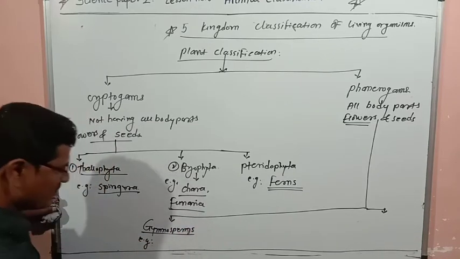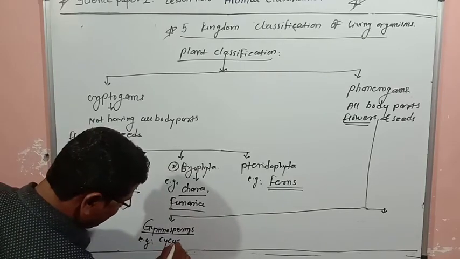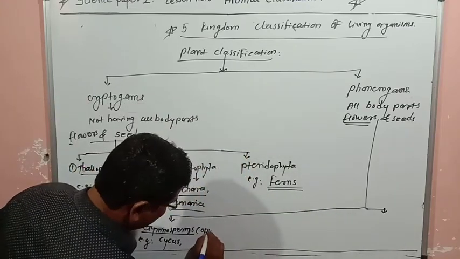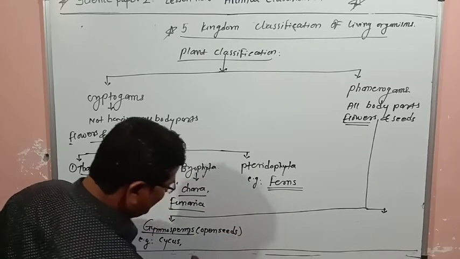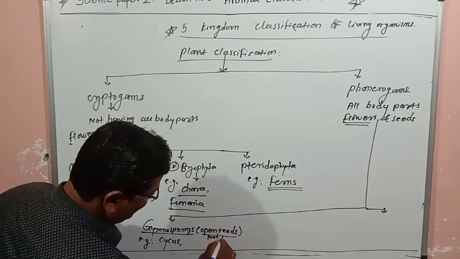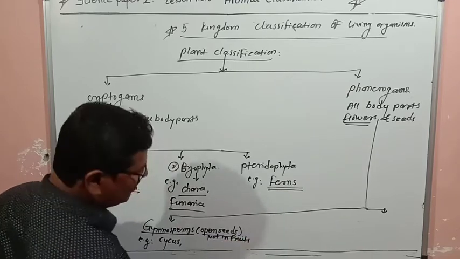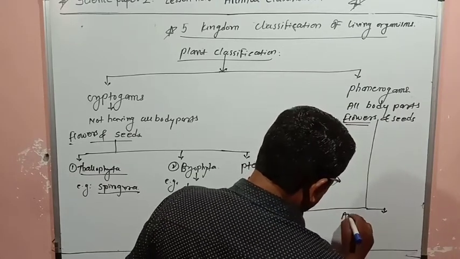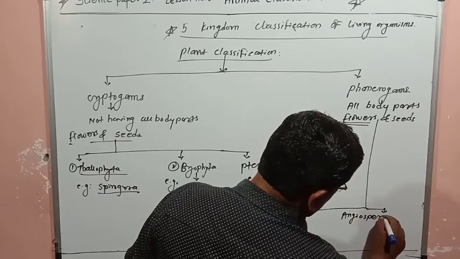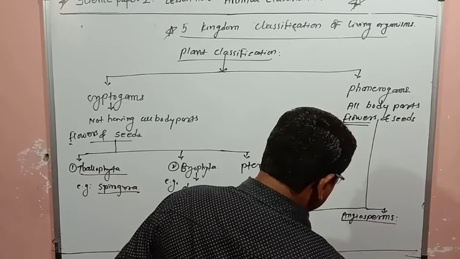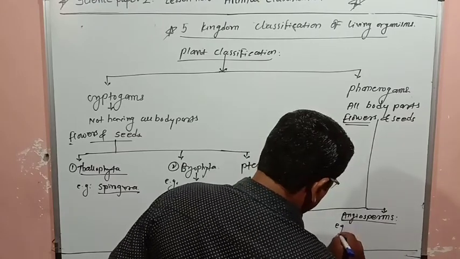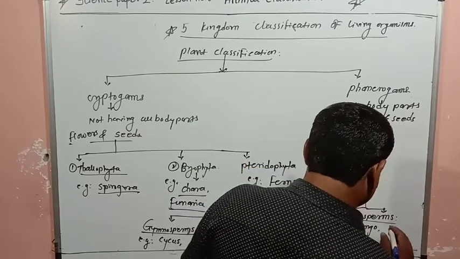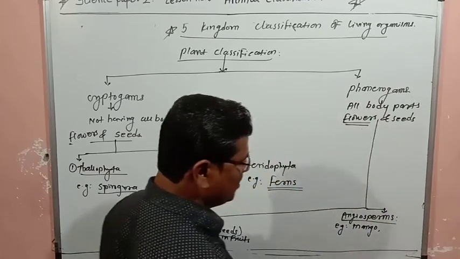You can give the example Cycas. Here the seeds are open, not enclosed in a fruit. And then the angiosperms: these are flowering plants, and an example is the mango tree.